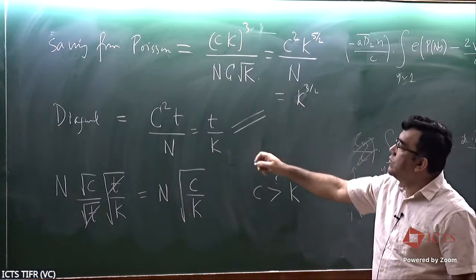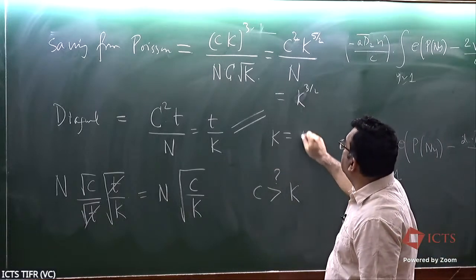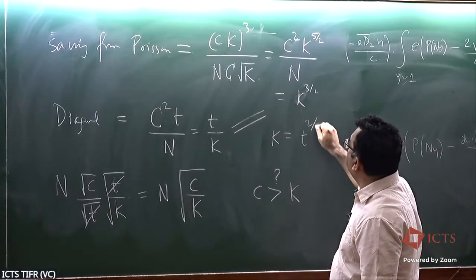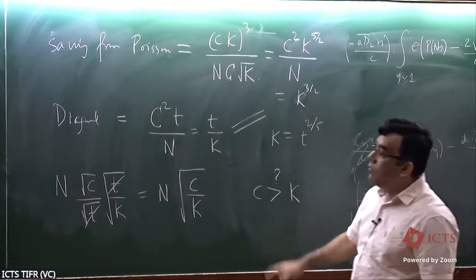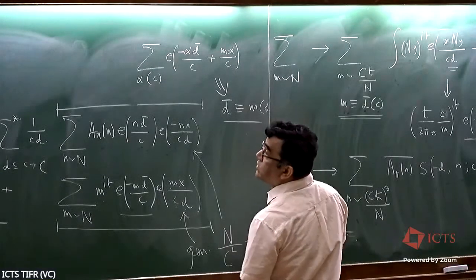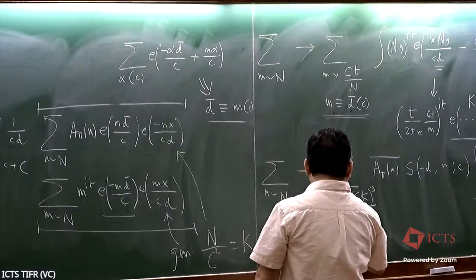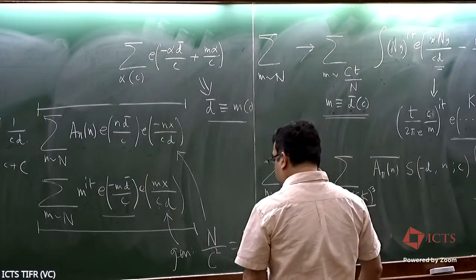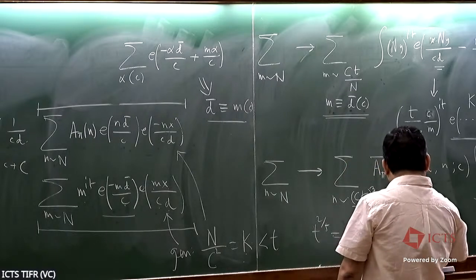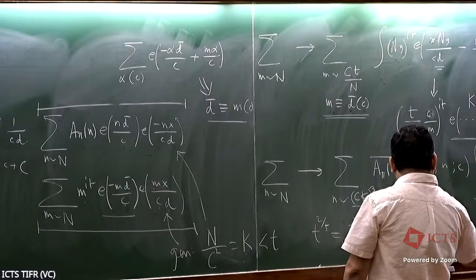When you equate this, K to the power 5 by 2 is T, so K is T to the power 2/5, right? And then what is my C? If K is T to the power 2/5, which is N by C, and N is T to the power 3 by 2 by C square, so C is T to the power 3/4 minus 1/5.